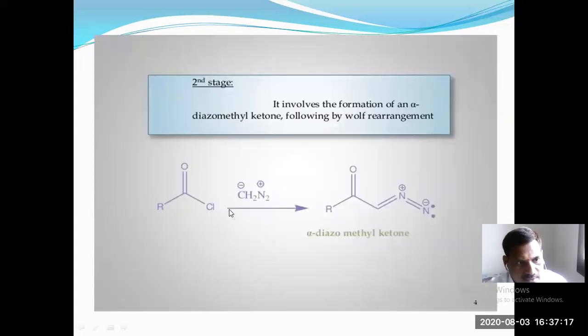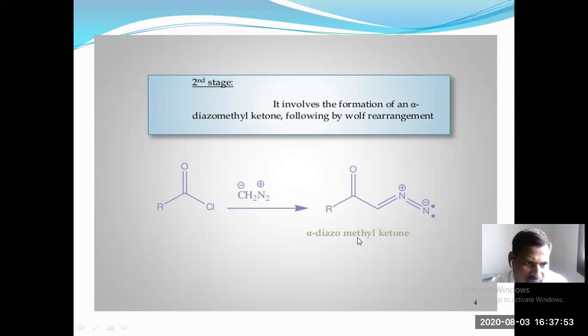Second stage: the acid chloride reacts with diazomethane, and we get the alpha diazomethyl ketone. This is the C double bond O group, this is the alpha carbon, and the alpha carbon has the diazo group.